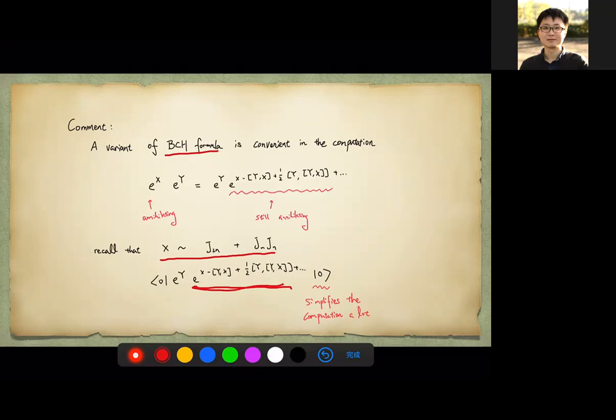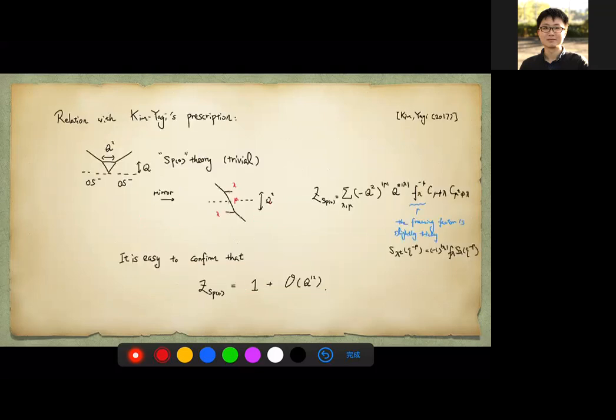Another comment here is that there's a proposal by Kim and Yagi back in 2017. They proposed the topological vertex for the intersection point of two fibrons and the orientifold.